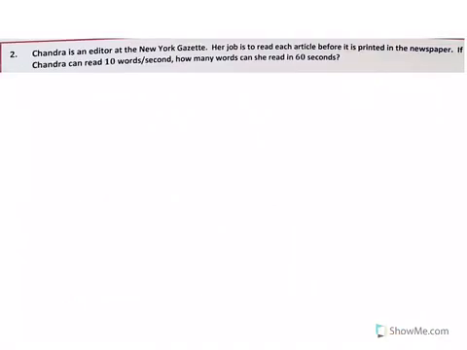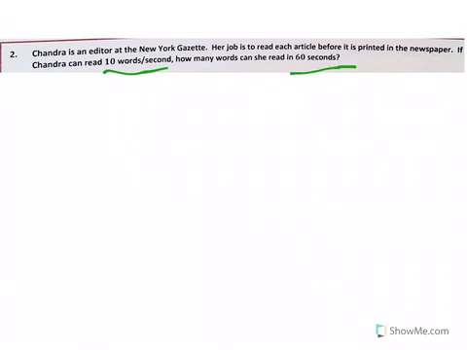Okay, our next example. Chandra is an editor at the New York Gazette. Her job is to read each article before it is printed in the newspaper. If Chandra can read 10 words per second, how many words can she read in 60 seconds? She can read 10 words every second. We want to know how many words she reads in 60 seconds. Well, we could do one of a couple of things.